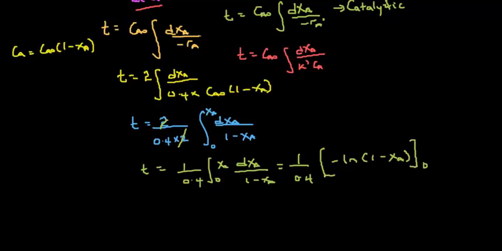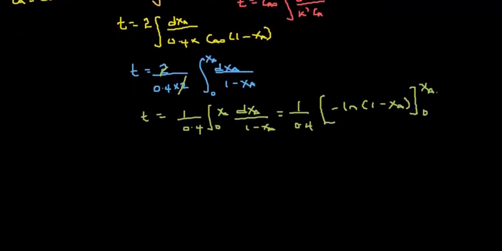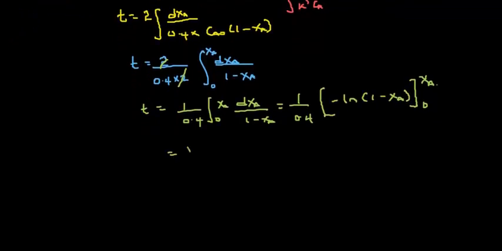Do not forget you are going from 0 to XA. I have 1 over 0.4 into bracket minus ln 1 minus XA, minus ln 1 minus 0.